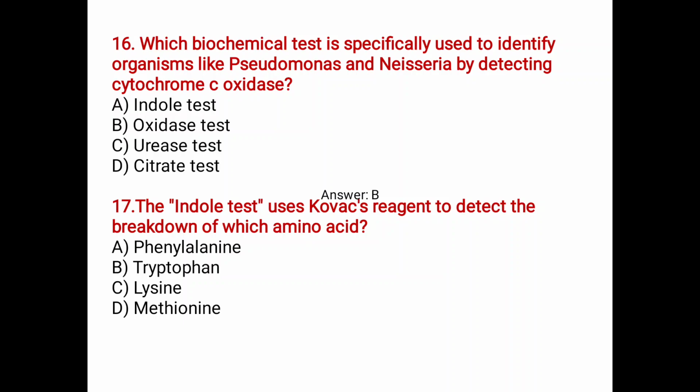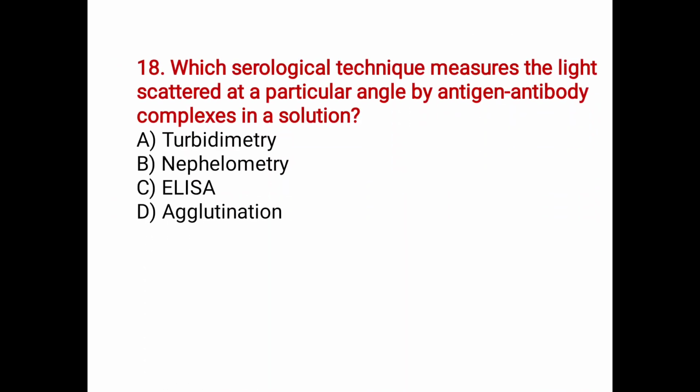A. Phenylalanine, B. Tryptophan, C. Lysine, and D. Methionine. So B is the correct answer, tryptophan. Next, which serological technique measures the light scattering at a particular angle by antigen antibody complexes in solution? Nephelometry. ELISA, enzyme linked immunosorbent assay.